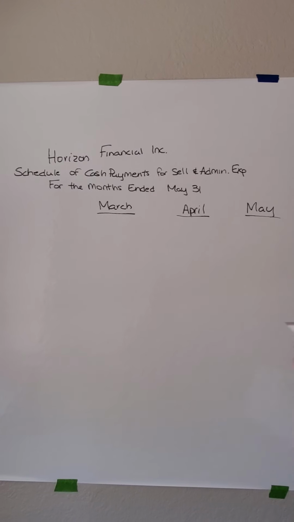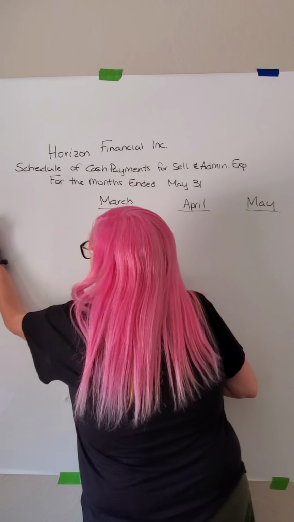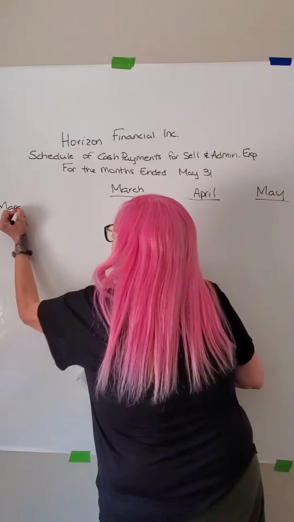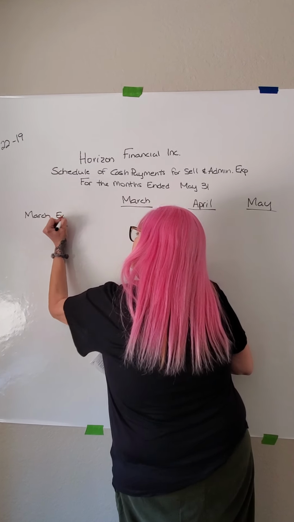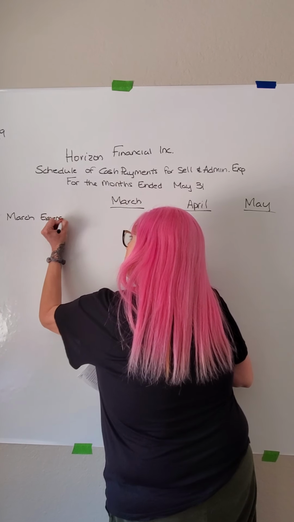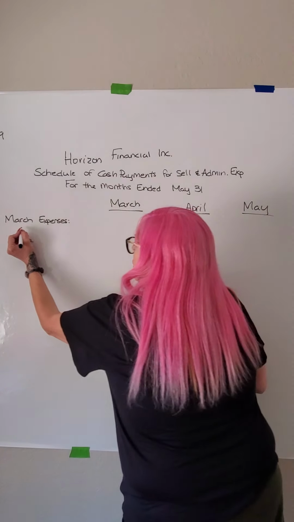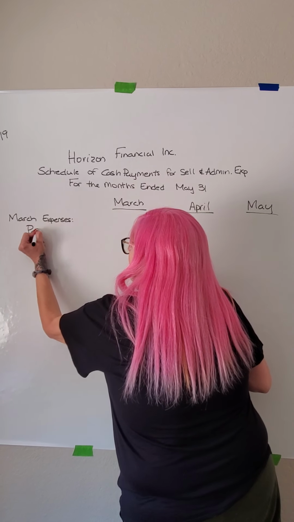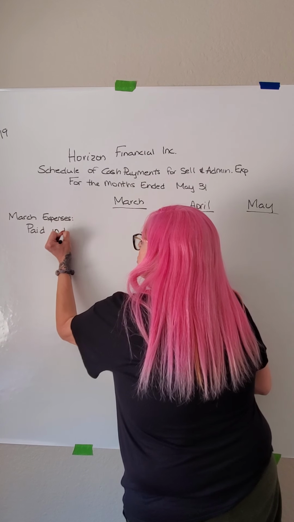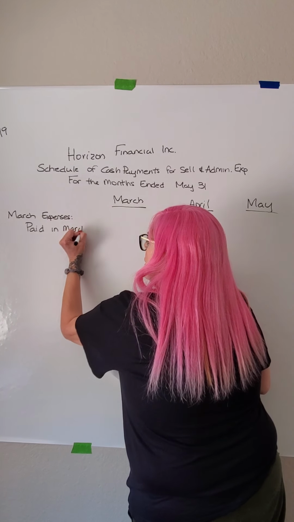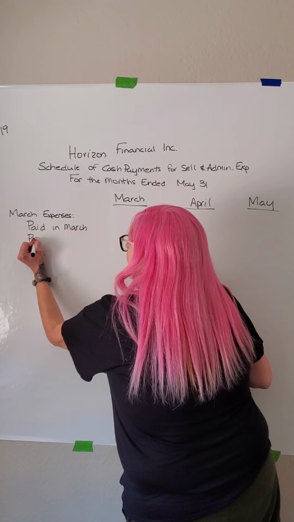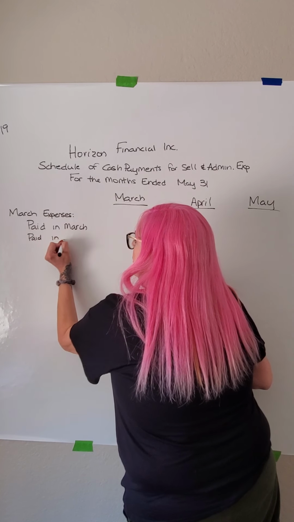So the way this works is we'll start here first with March expenses. That's going to be your first column, and we're going to calculate the amount paid in March and the amount paid in April.